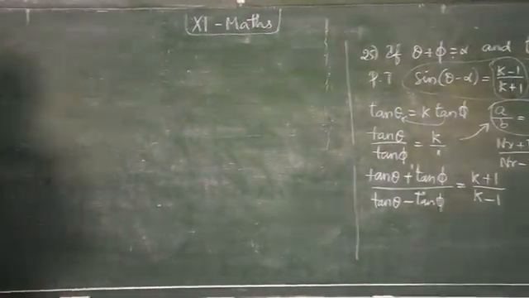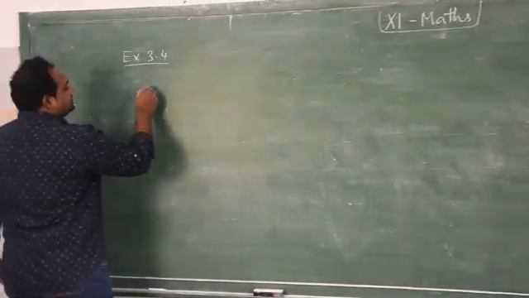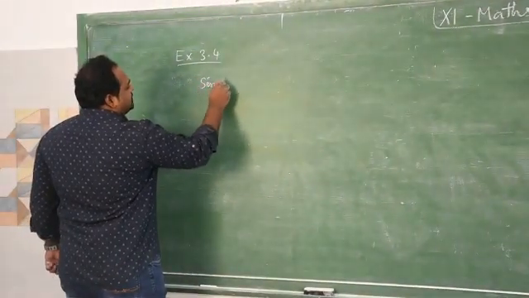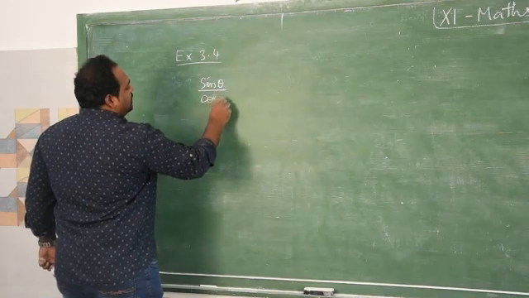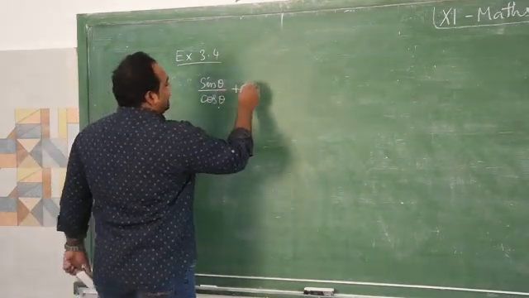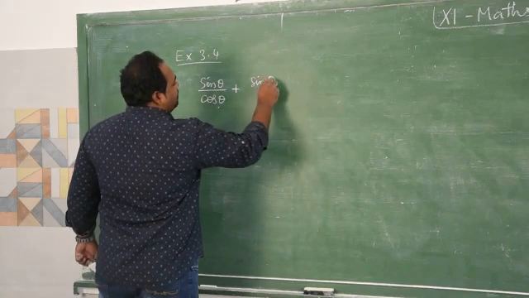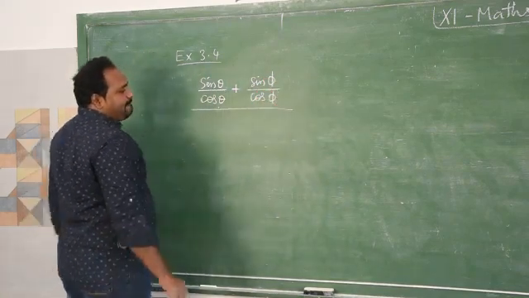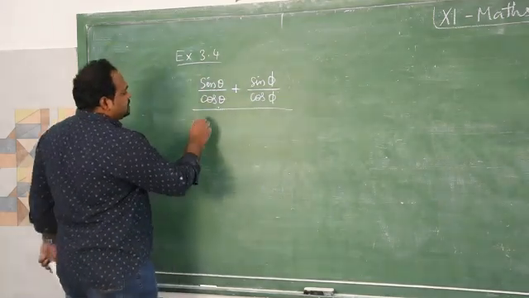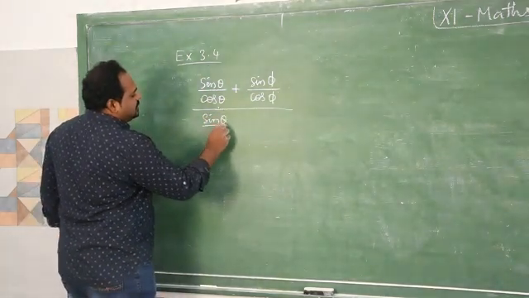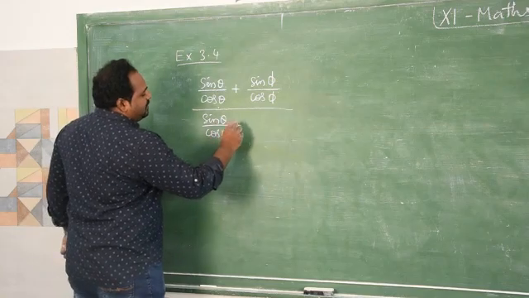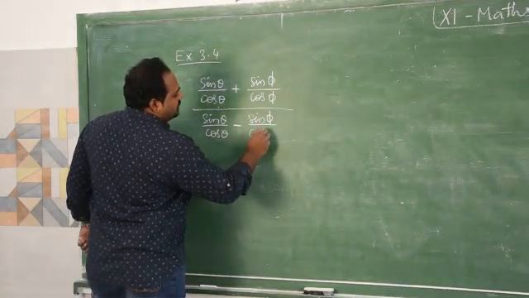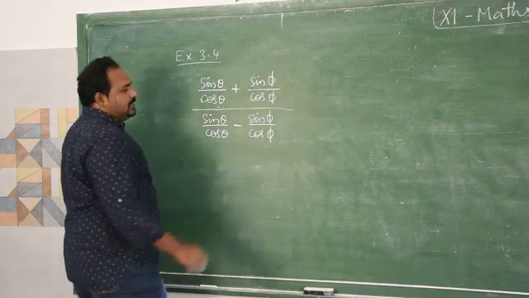So here in the left hand side, I am just changing tan theta to sin theta by cos theta plus tan phi as sin phi by cos phi, divided by the same in the denominator, sin theta by cos theta minus sin phi by cos phi, equal to.